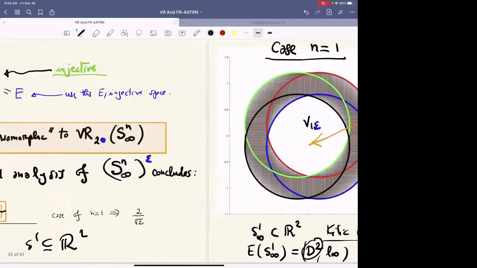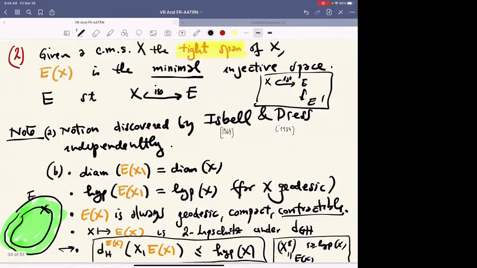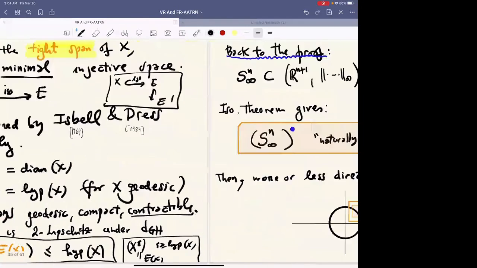I think Luis was asking me that question. Let me see, where is it? Here. So if you take the delta thickening of X in E(X), then you get the whole E(X), and you can get the contractibility. Right. Yeah.